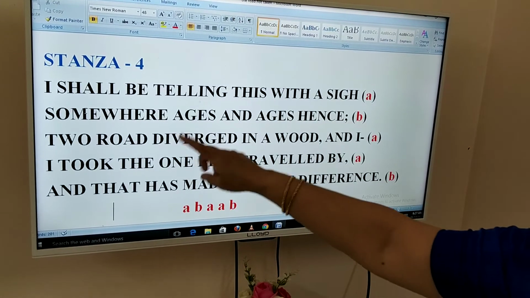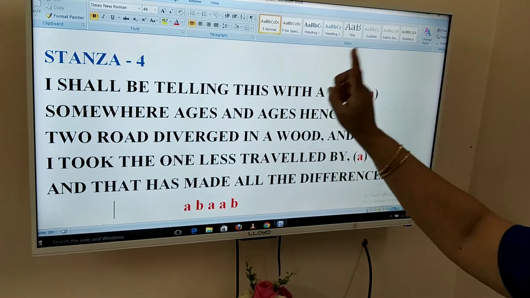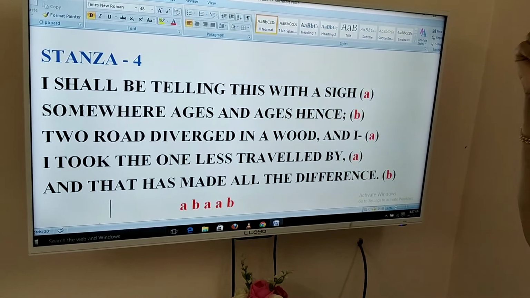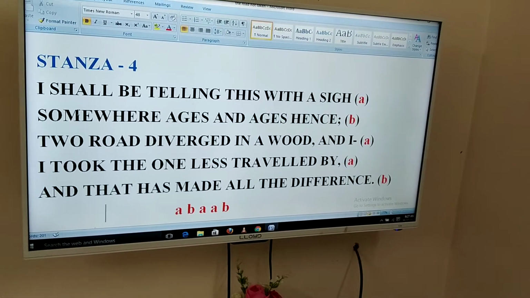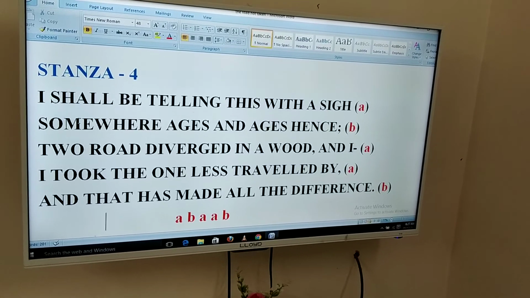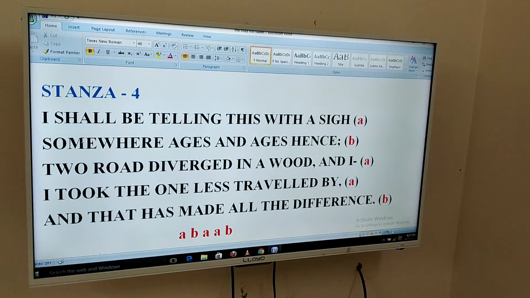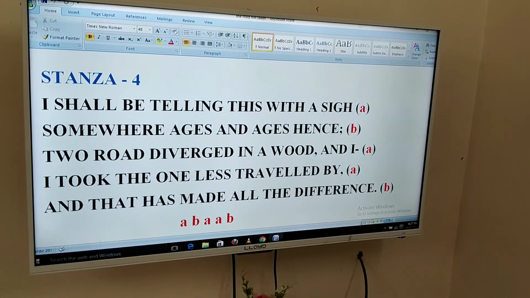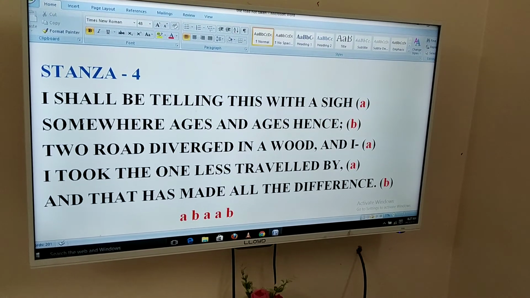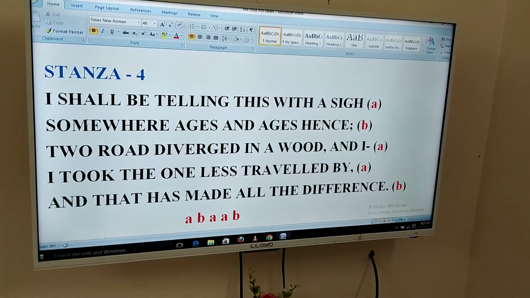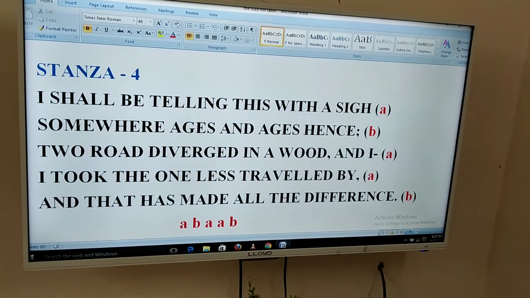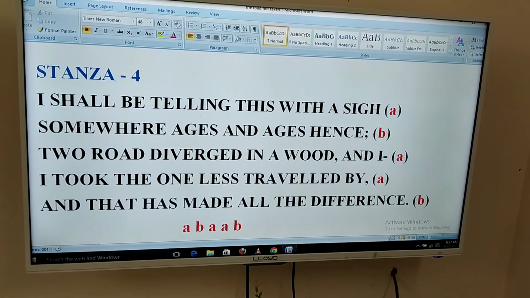Again, we have the repetition of the line from the first stanza, here at the last, where the poet says he took the road less traveled. Again, he is emphasizing a particular thing. When you repeat a thing, it becomes repetition.